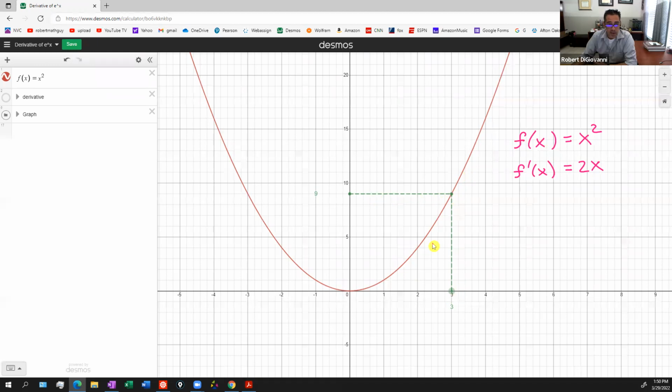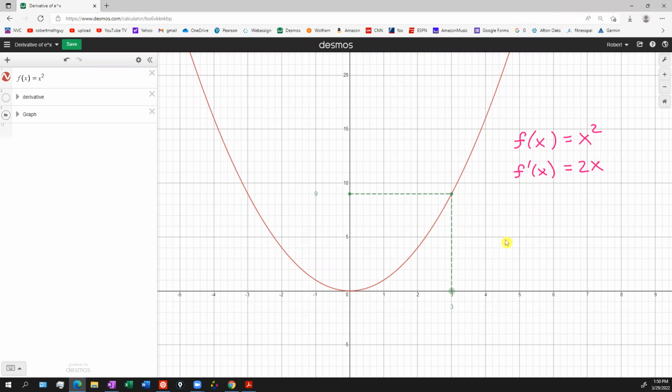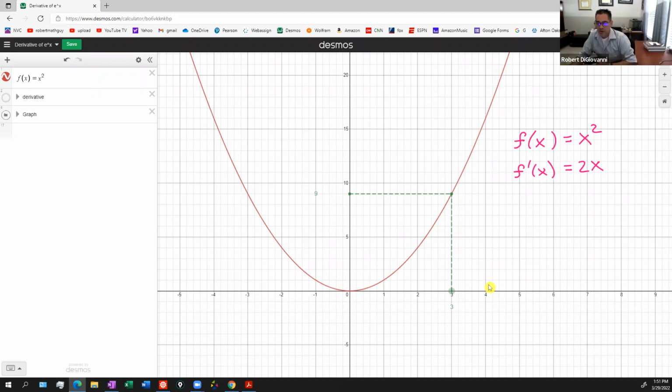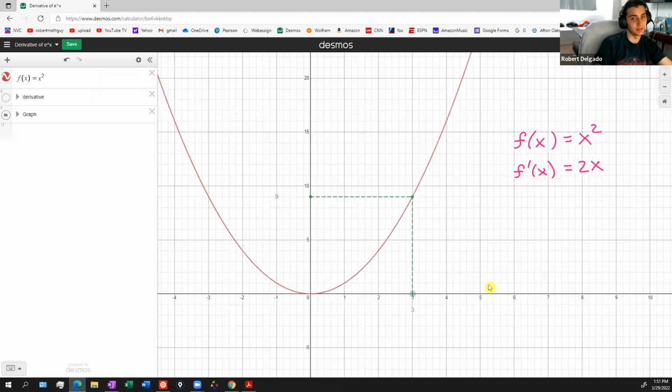So at 3, what's the slope of the tangent line? Y'all are thinking too hard. It's 6.